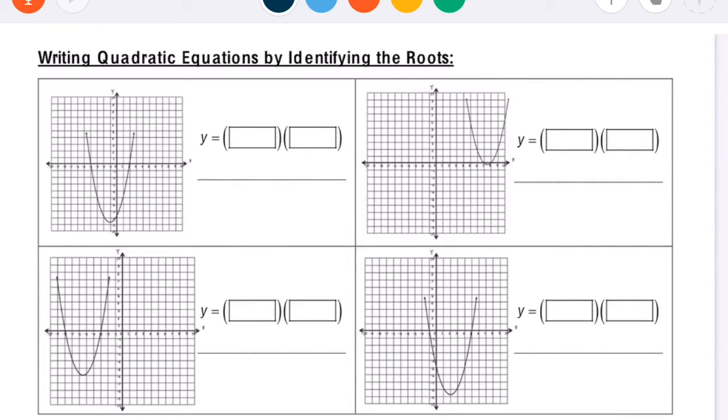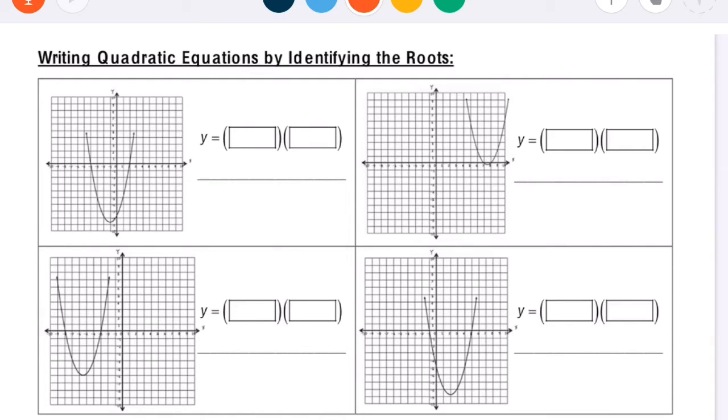Alright, so let's take a look at some of these problems. Now I know these graphs are a little bit hard to see, but first we're just going to go through each one of these and we're just going to identify what the roots are. Again, there are many different words for roots: x-intercepts, solutions, zeros.